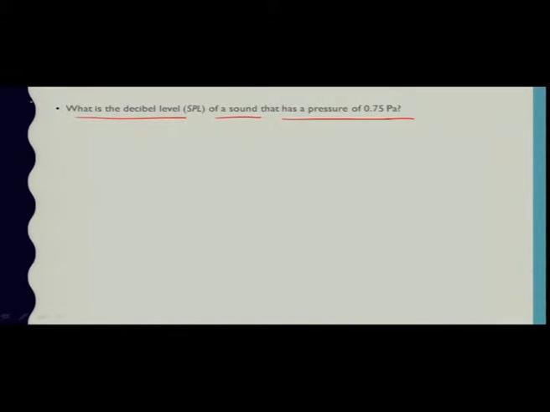To recall the theory of hearing, the intensity of sound relates to the amplitude, and that amplitude is calculated with the help of air pressure. This is the maximum pressure, this is the minimum pressure, and this is one whole cycle.